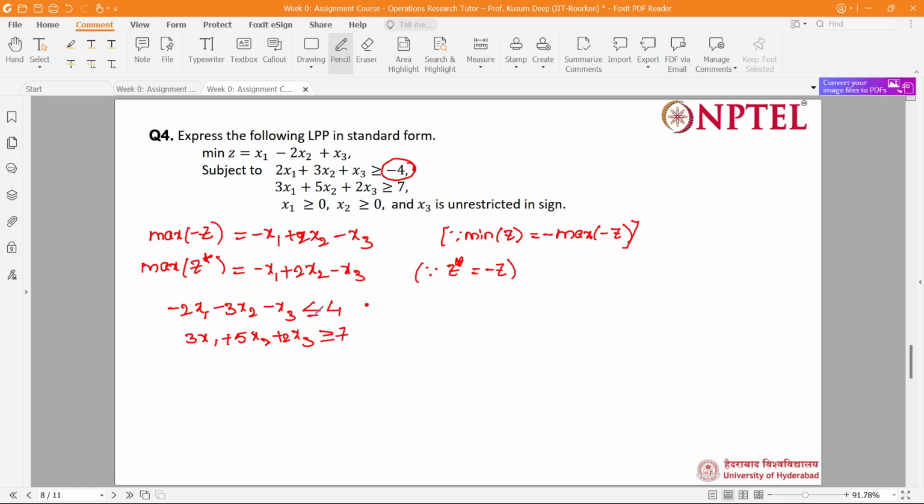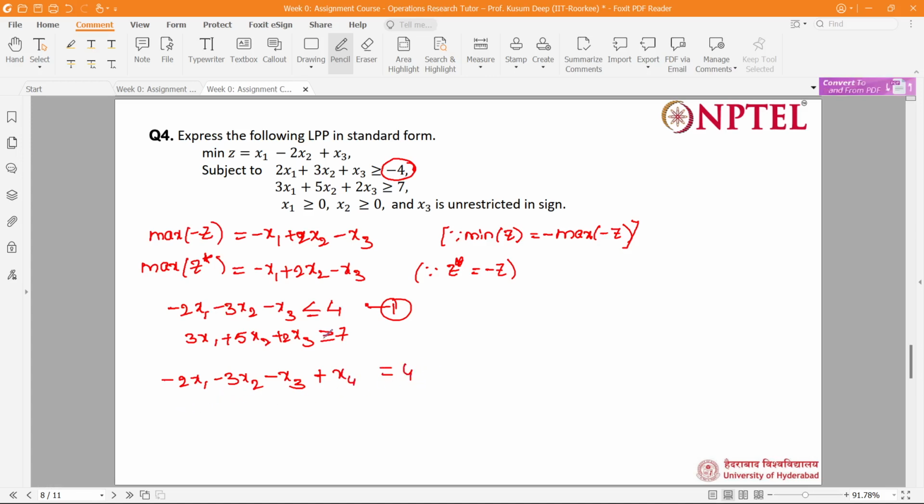Here we observe that the first inequality is in the less than or equal to type. So we need to add a slack variable to the LHS to make it into an equation.